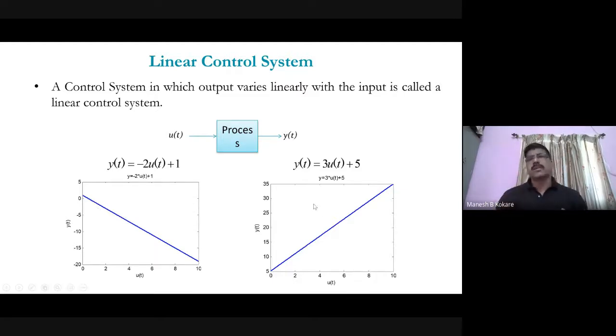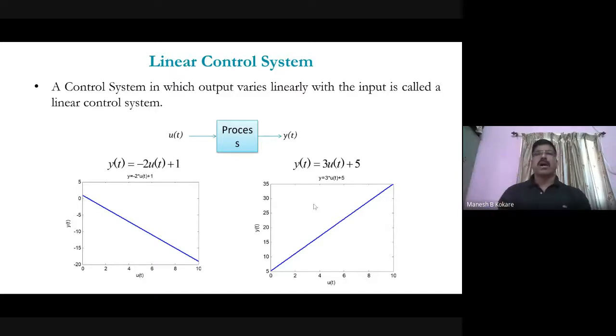So such systems are called as a linear system, or if it is a control system, then it is called a linear control system, right? So the systems which obey the principle of superposition are called linear control systems. And non-linear control systems are those systems which do not obey the superposition principle.